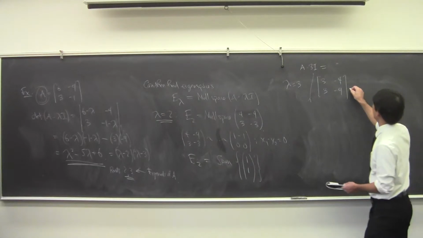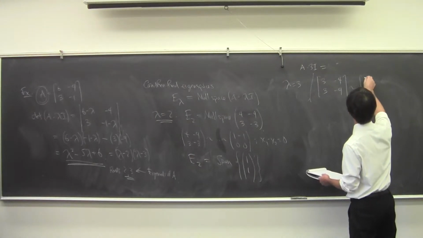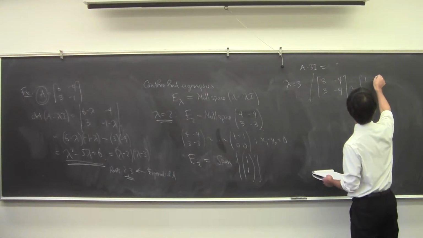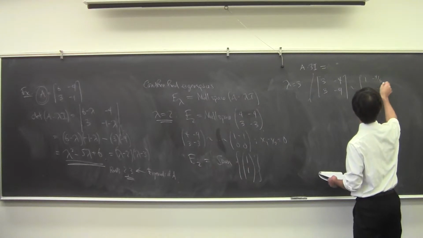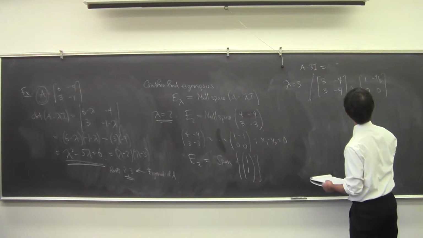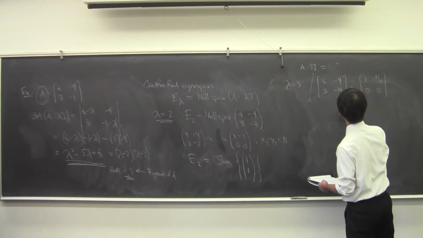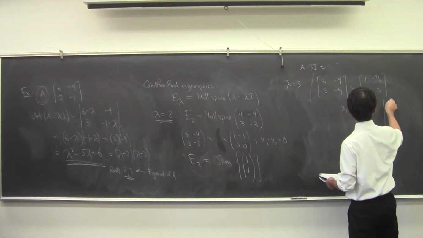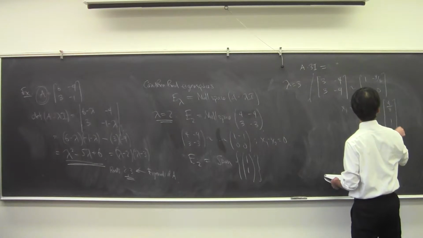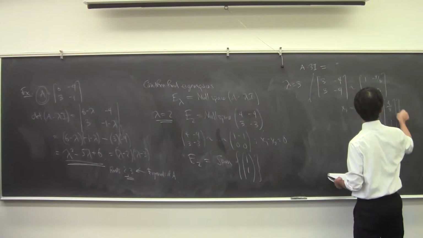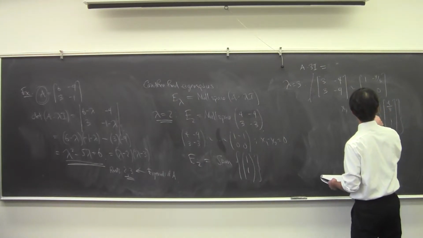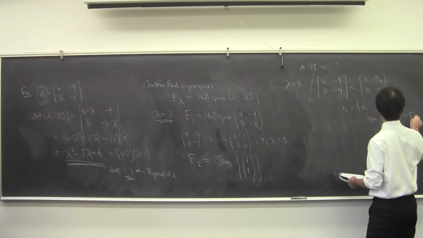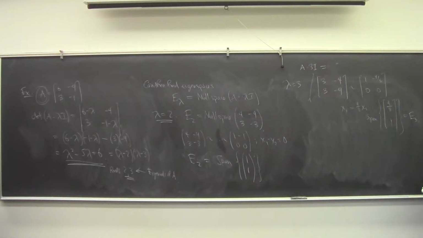Which reduces, of course, to 1, negative 4/3, 0, 0. And so you get that x1 equals 4/3 x2. In other words, 4/3, 1. The span of this is going to be E3. Okay.